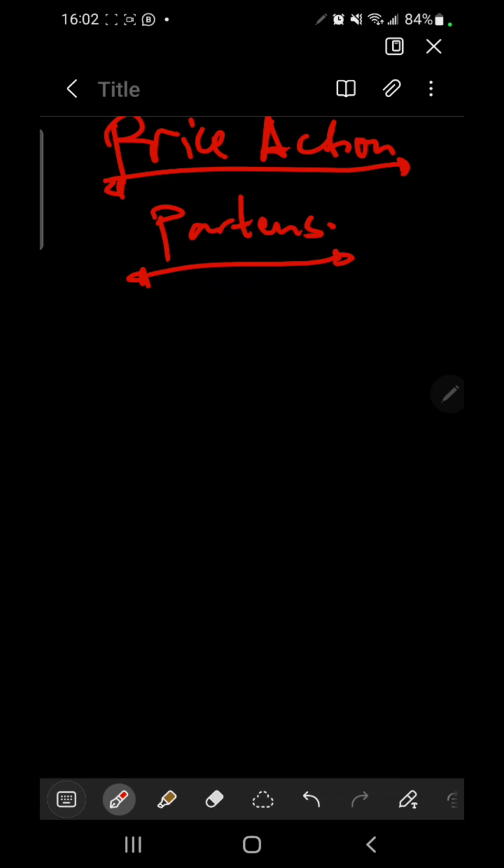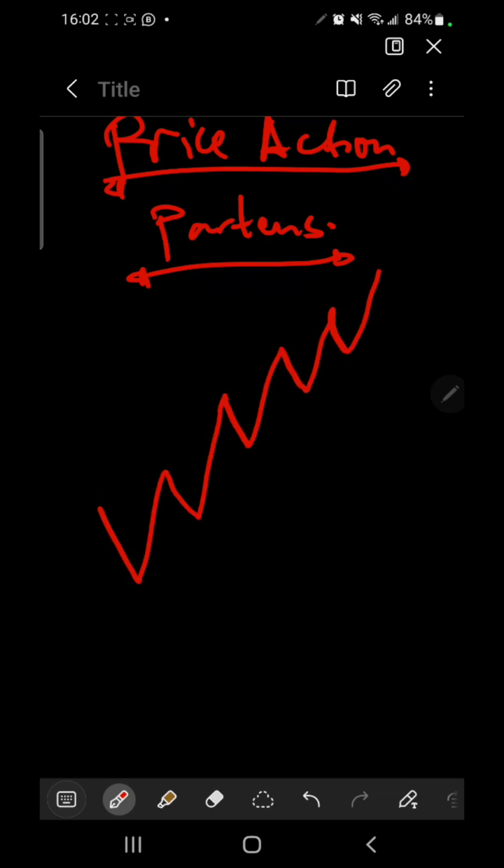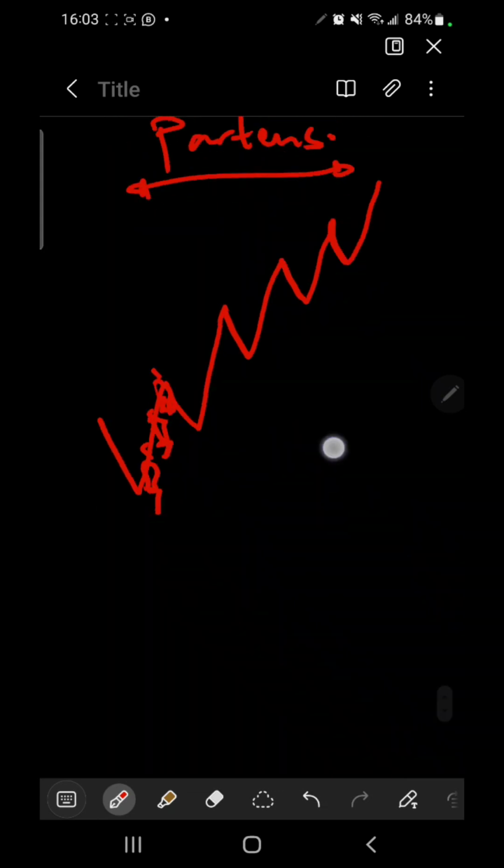Most of the time I was just drawing the market like this, but when you look on your MT5, the market is actually represented by lots of candlesticks. So these candlesticks are going to form what are called patterns.